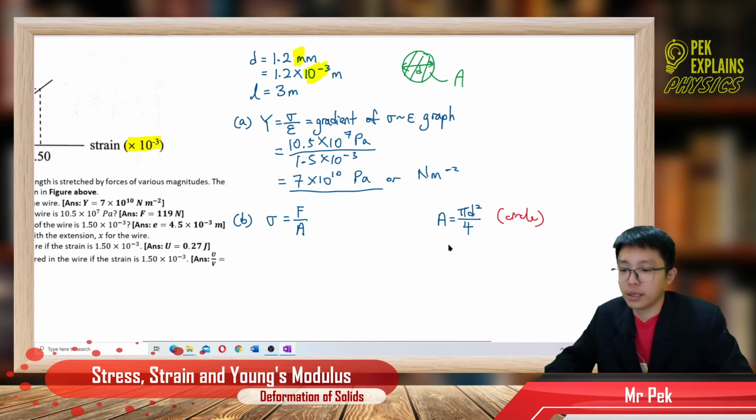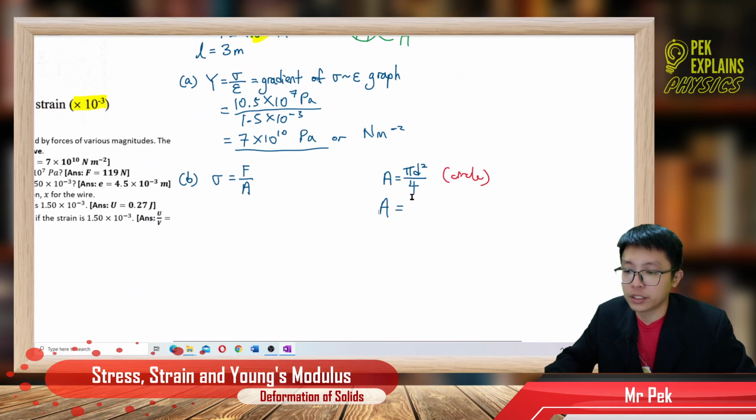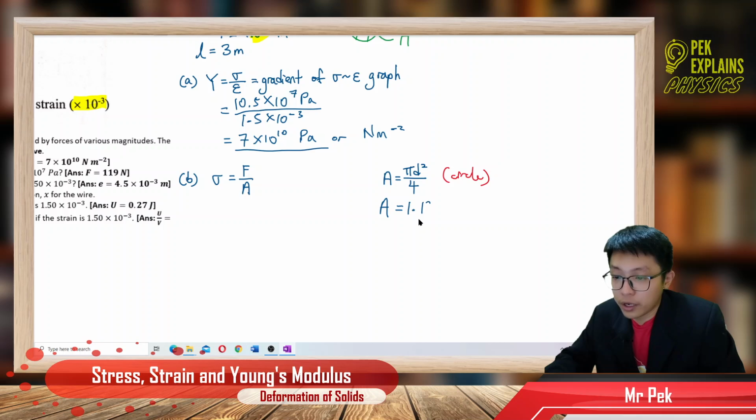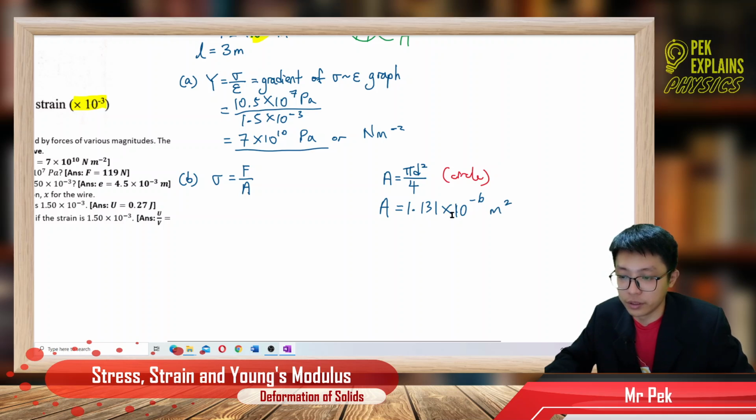So let us straight away get the area after you substitute 1.2 exponent negative 3 into the diameter. You calculate pi d squared over 4, and the area you will get is 1.131 exponent negative 6. That's the cross-sectional area for the circle.